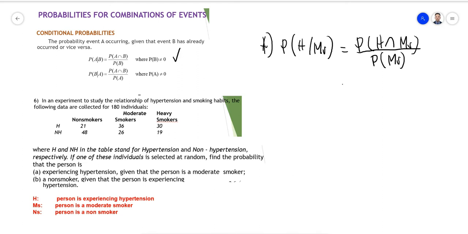Now we will plug in the values. Probability of hypertensive person intersection moderate smoker. We can refer to this table. For our numerator, 36. So we will write 36 over the number of individuals in the experiment, and that is 180 individuals.